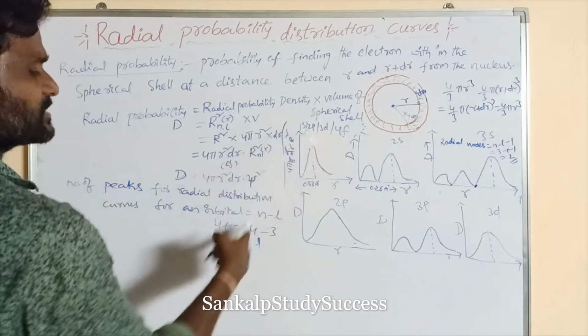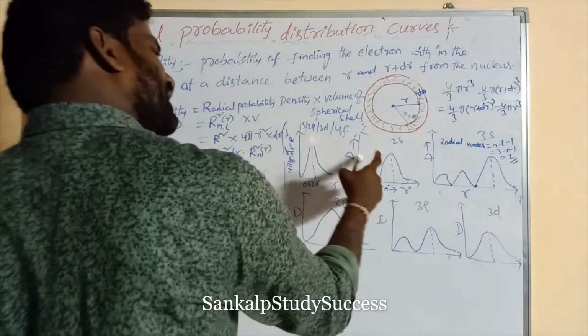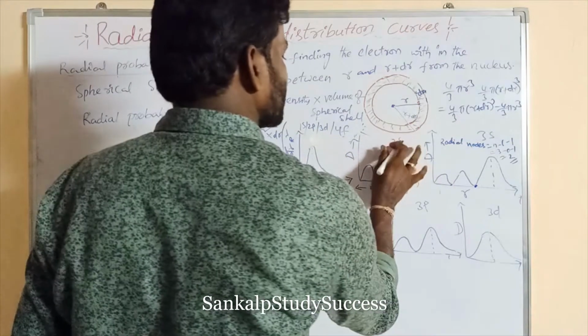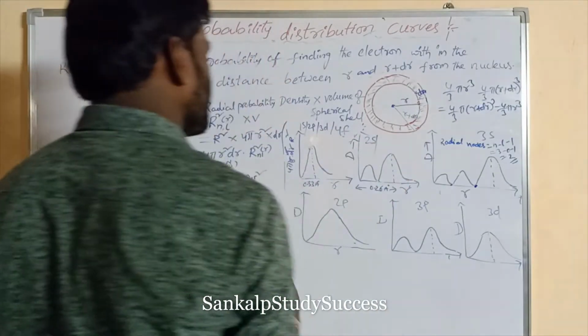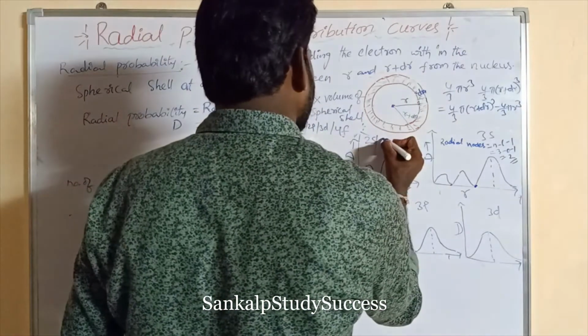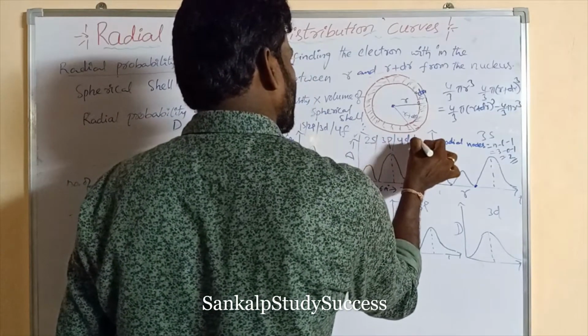But similarly, 3d is also one peak, right? A similar diagram is observed for 2s, 3p, 4d, and also 5f.